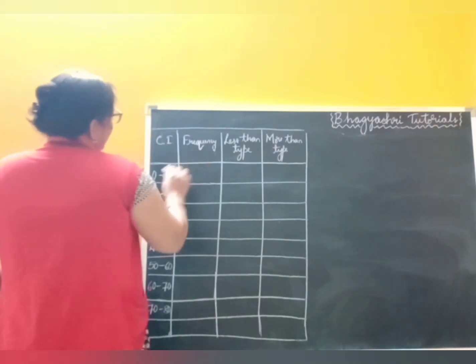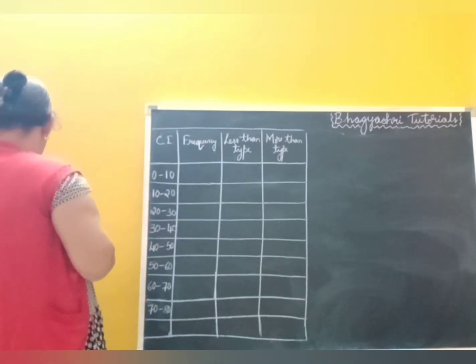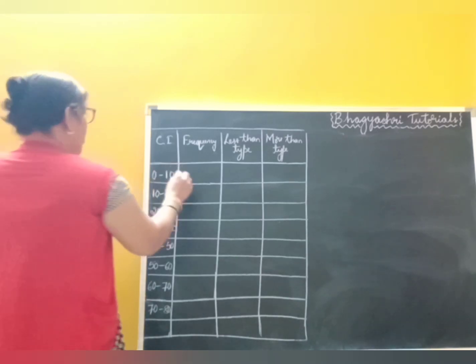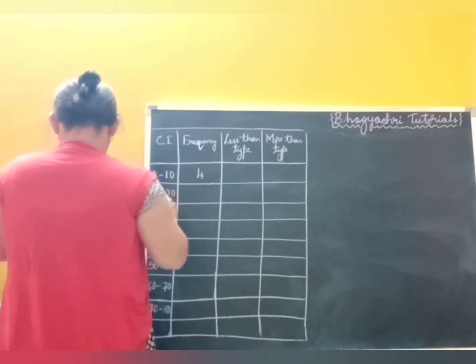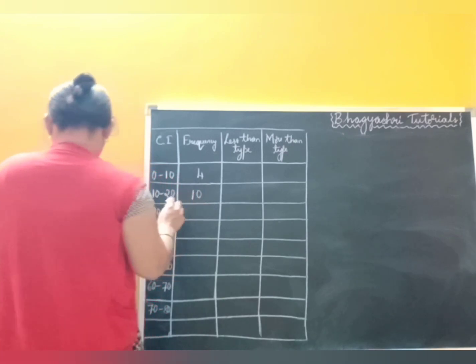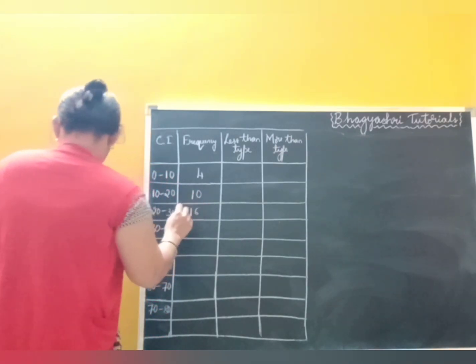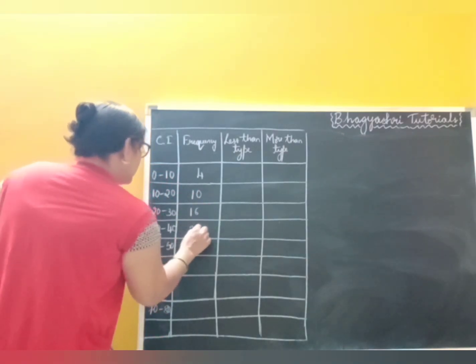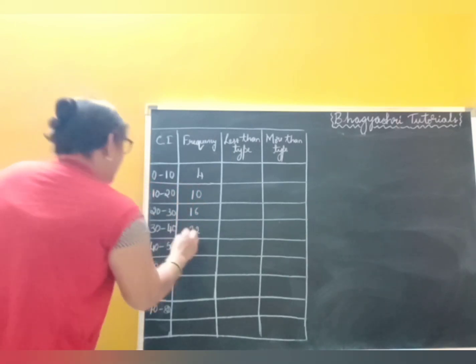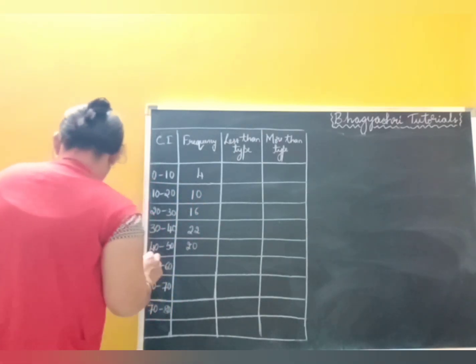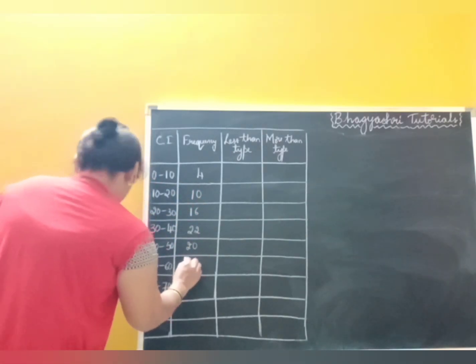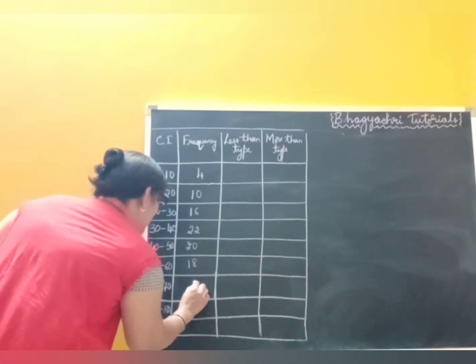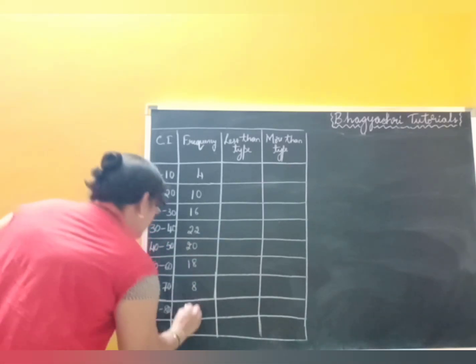Now the frequency in the second column: 0 to 10 it is 4, 10, 16, next is 22, 20, then 18, 8 and 2.